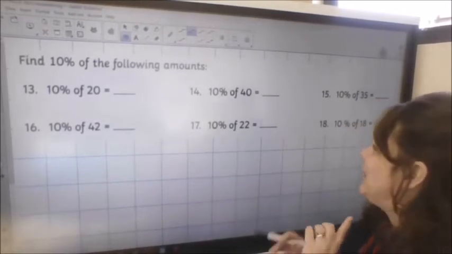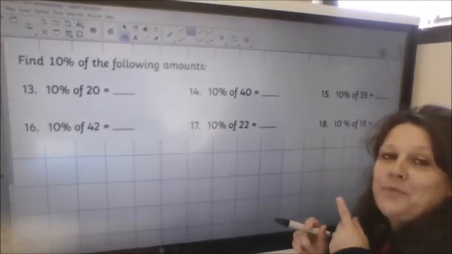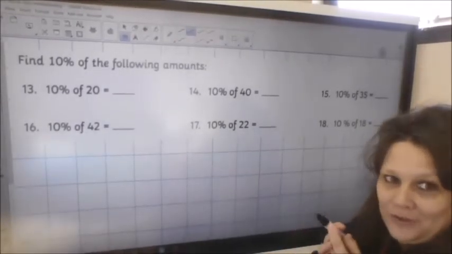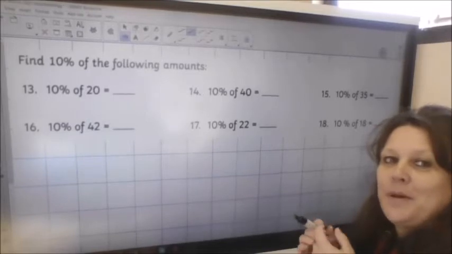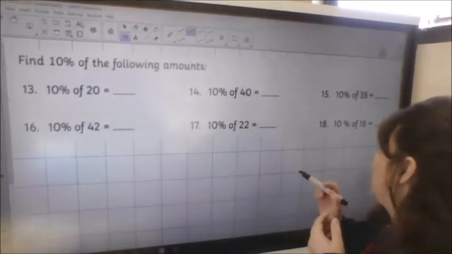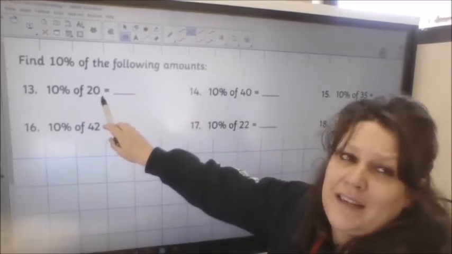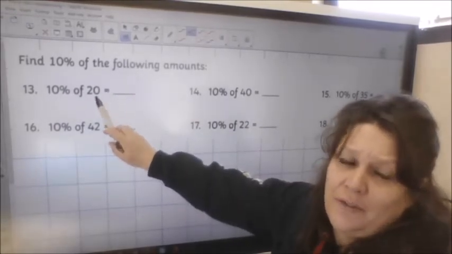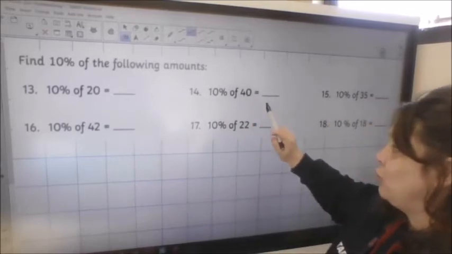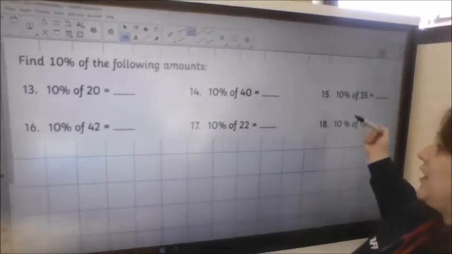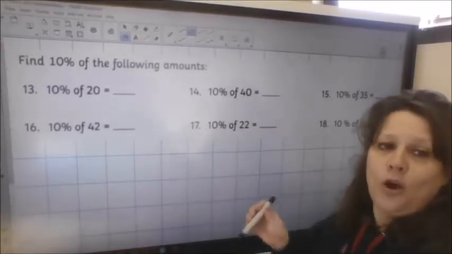Some of these you will end up with decimals, because they're not all multiples of 10. That one's nice and easy, it's 20 divided by 10. This one, 40 divided by 10. But 15, 18, 16, and 17 will all be decimals.